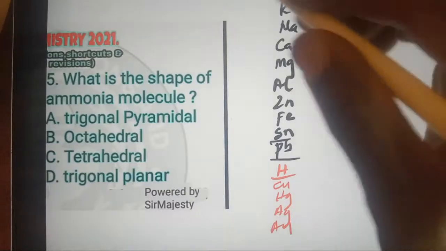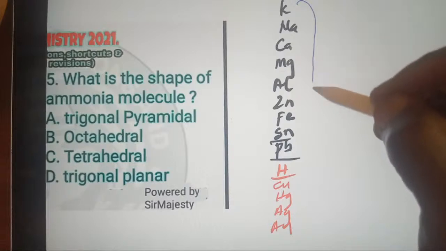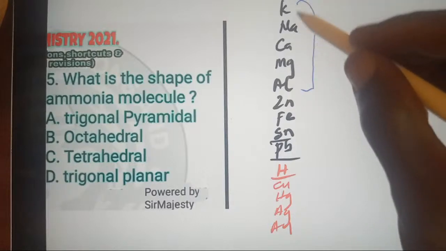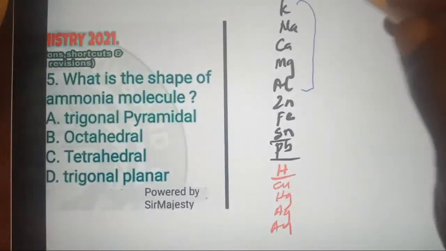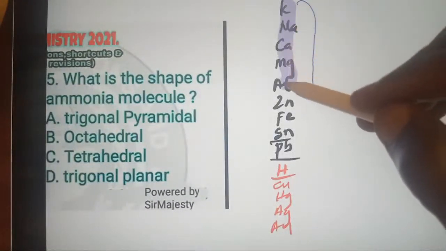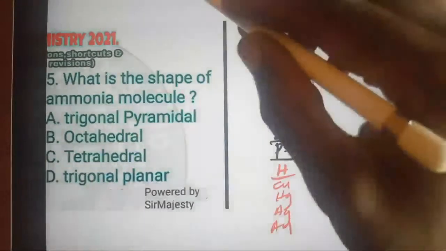Then what you should know here is this: the first ones, starting from potassium, sodium, calcium, let me highlight them, these ones are only extracted by electrolytic reduction.